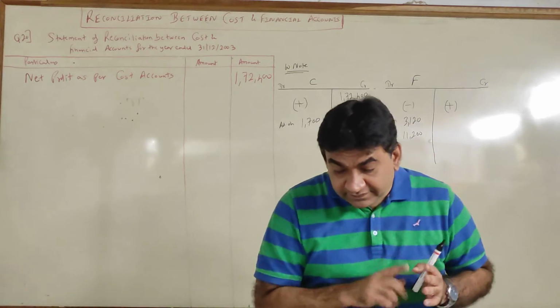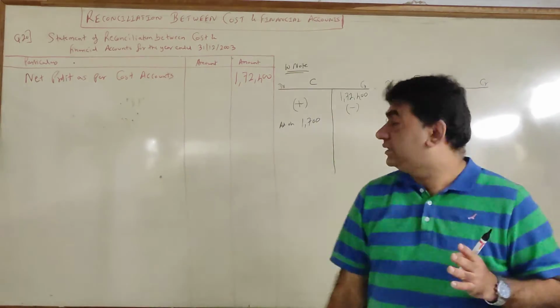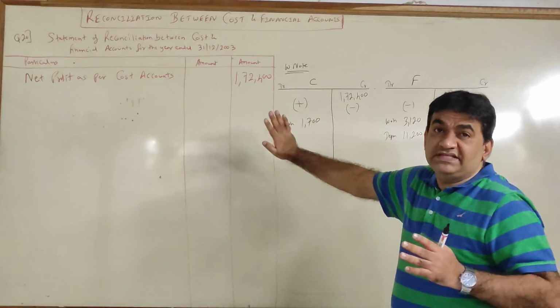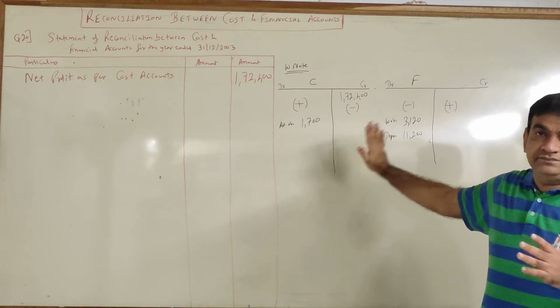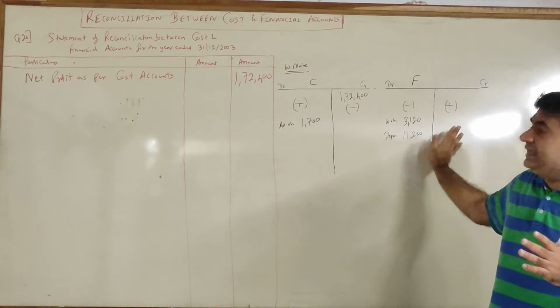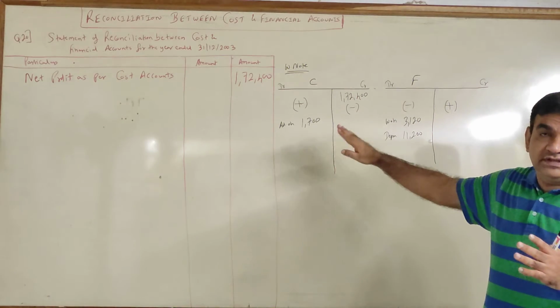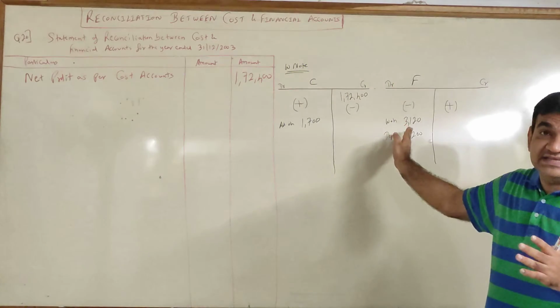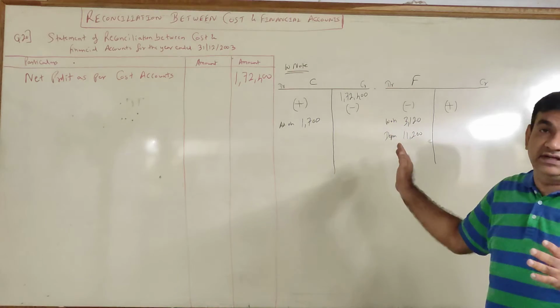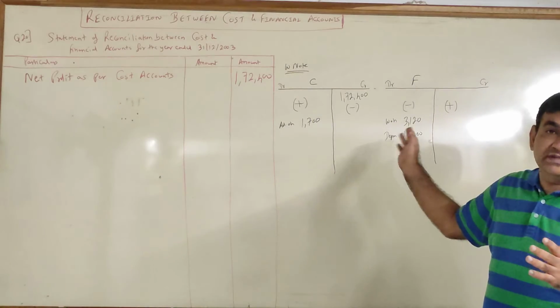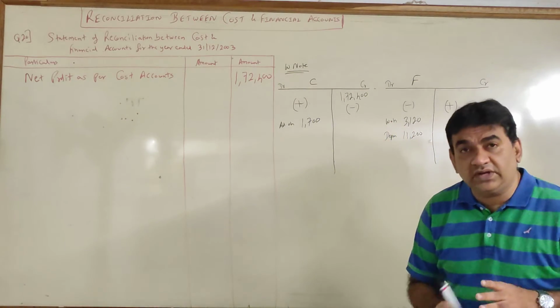Now what they say? Not included in cost. Not included in cost, that means it is not here. So if it is not here, that means it is here. Either it is at both the places at a different amount, or it is at one place and not another. Because if it is not at both the places, it won't come in reconciliation only.